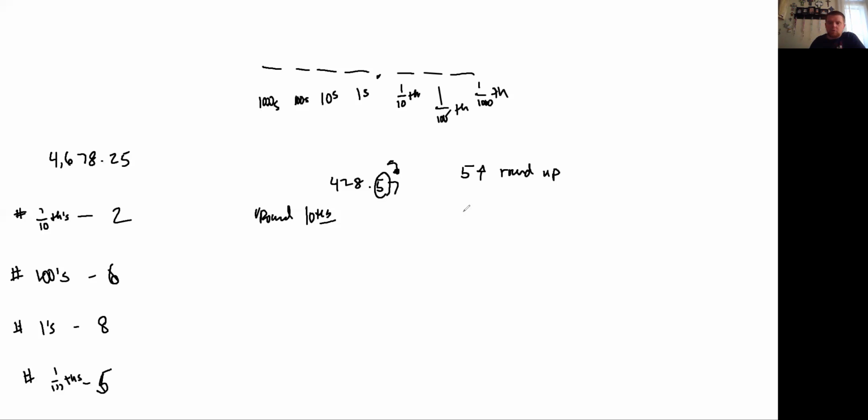If that number is 4 or lower, then it's going to stay the same. So looking here, obviously 7 is higher than 5. So if I was asked to round to the tenths place, this would then become 428.6.